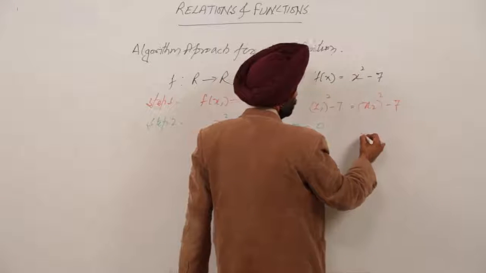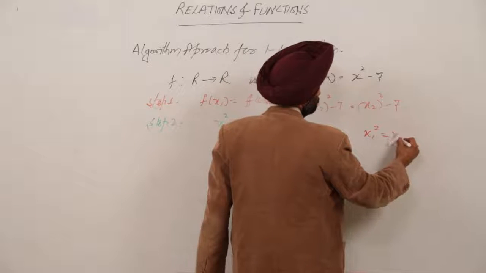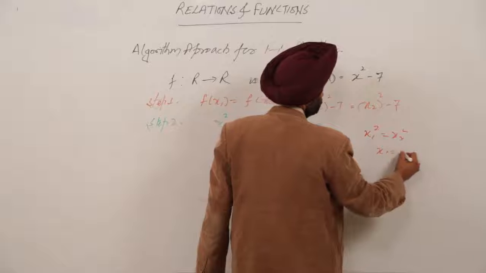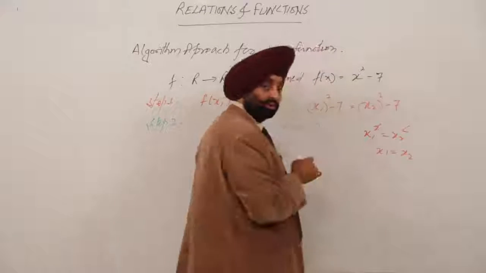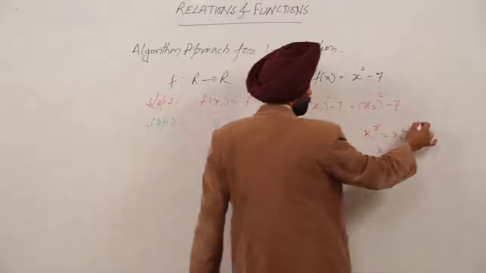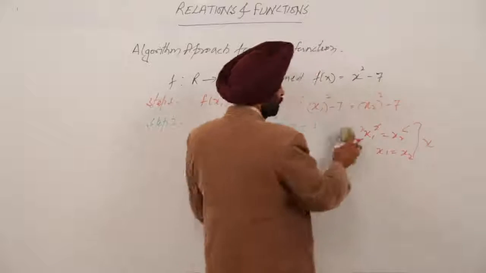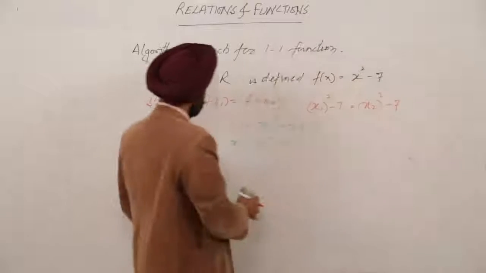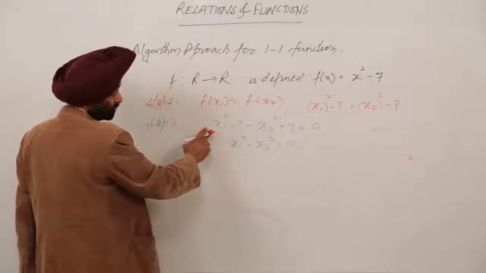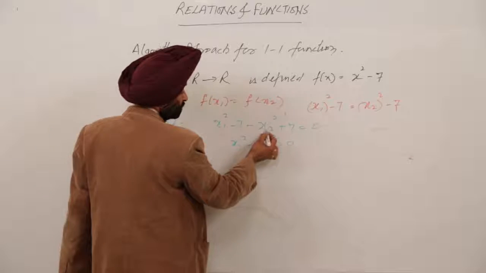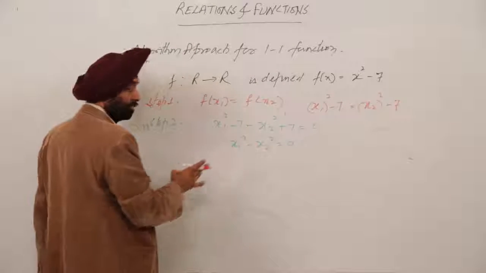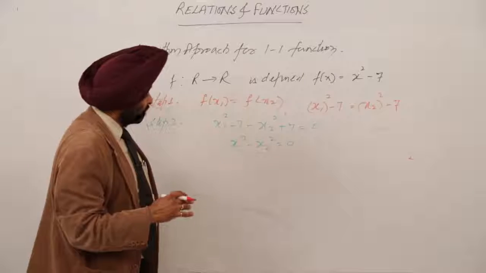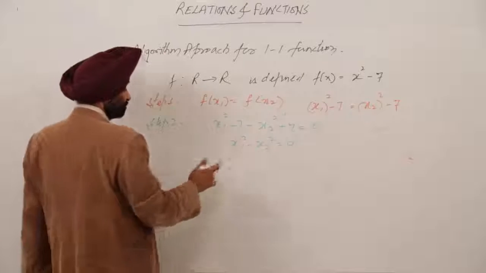What you do is write x1 square is equal to x2 square, then you write therefore x1 is equal to x2, because the 2 and 2 cancel. No, that is a wrong method. Never do this. That's why I have written it in this manner: x1 square minus 7 minus x2 square plus 7 is equal to 0, and now we get x1 square minus x2 square is equal to 0.